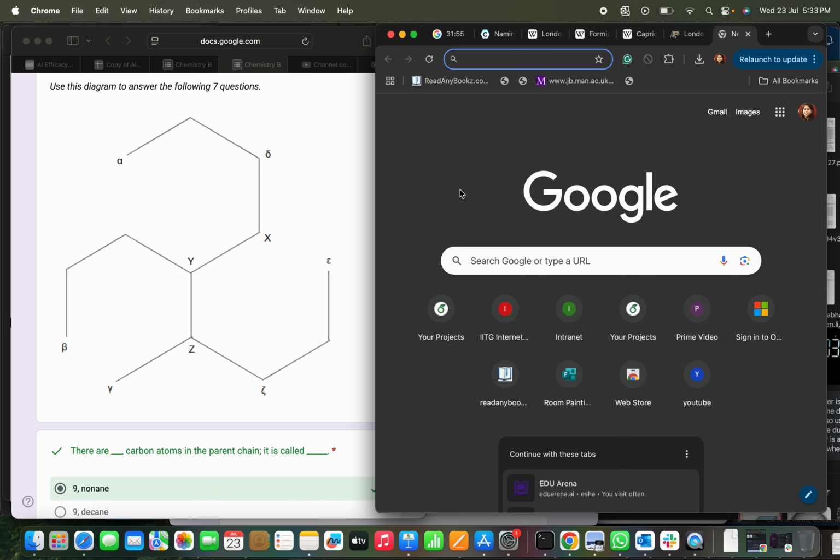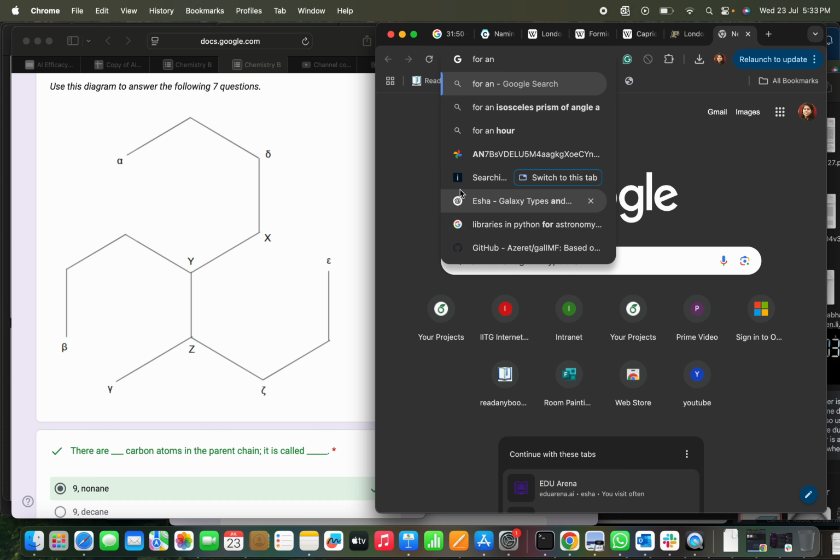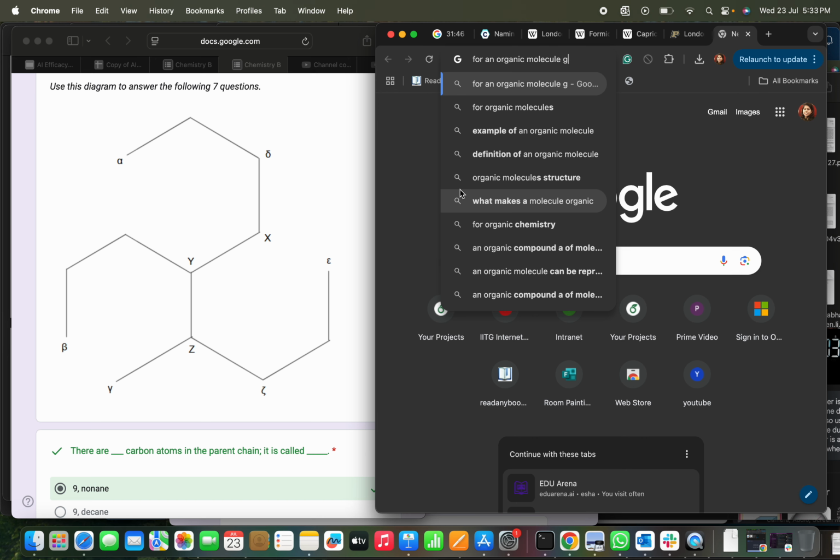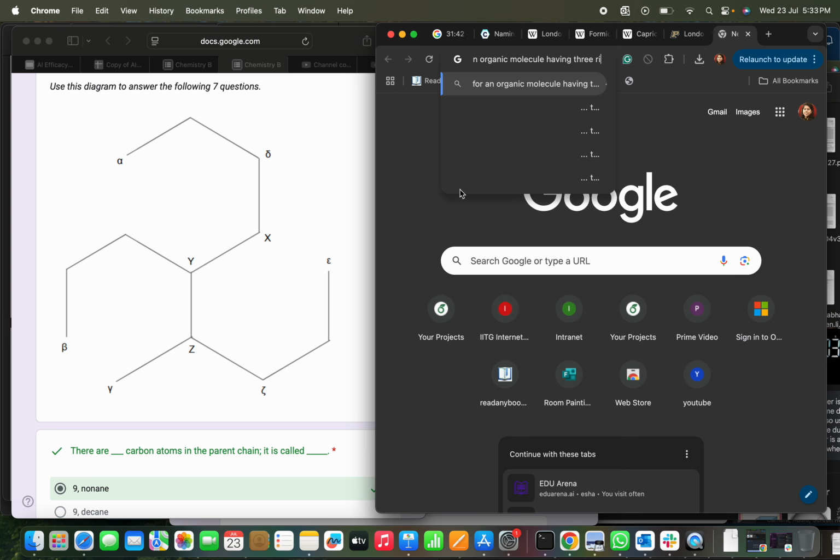For an organic molecule having 3 rings, how to start with the labeling?